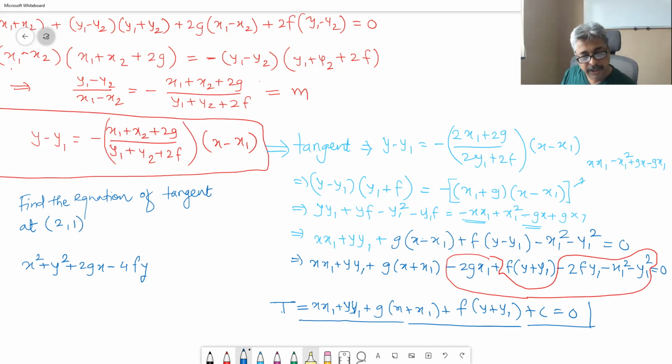Oh sorry, we can't use g and so on here. So it is x square plus y square plus 2x minus 4y minus 5 is equal to 0, since 4 plus 1 is 5, plus 4 is 9, minus 4 is 5, minus 5 is equal to 0. So very easy. Find the equation of tangent, or write the equation of tangent at this point to this circle.